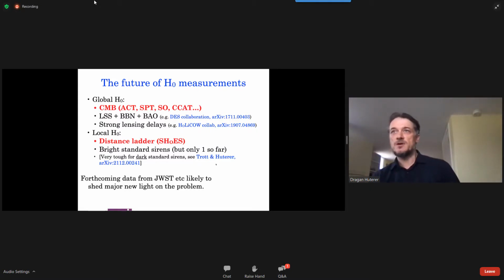You can take a look at this paper by my student Emery Trott, where he showed some challenges with that method. Overall, the forthcoming data from JWST in particular are likely to shed major new light on the problem.